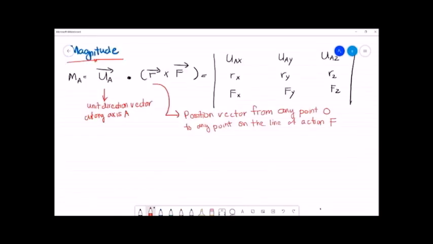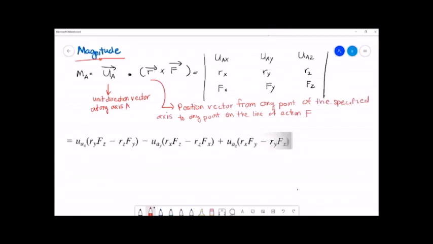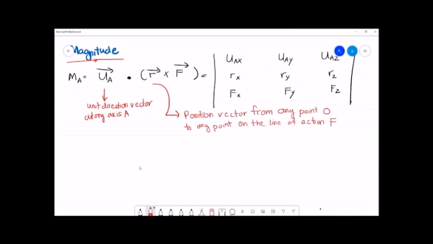We can determine the magnitude of the moment at any axis by using this formula: the unit direction vector along axis a, dot product with the open bracket position vector from any point on the specified axis to any point on the line of action of F, cross product with force.